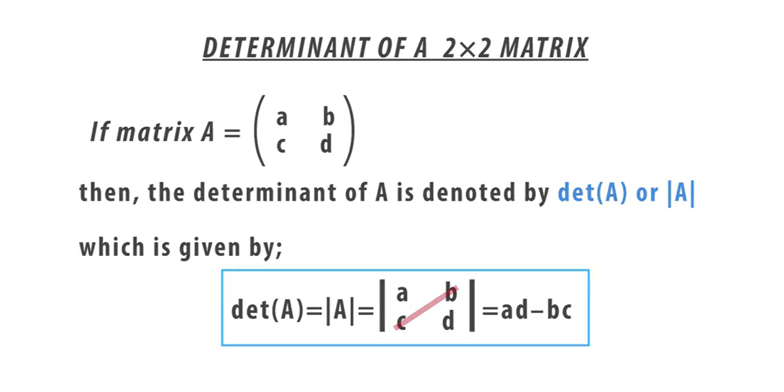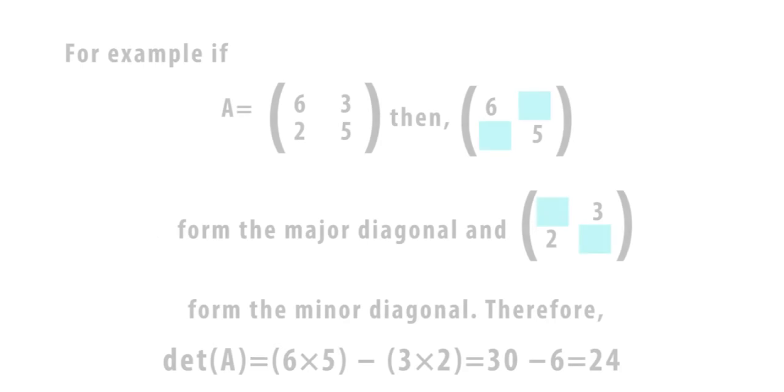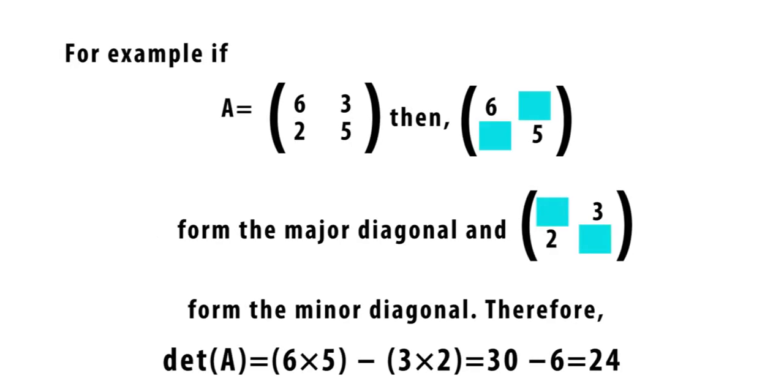Let's take an example. If the matrix A is equal to 6, 3, 2, 5, then 6 and 5 form the major diagonal, and 3, 2 form the minor diagonal.